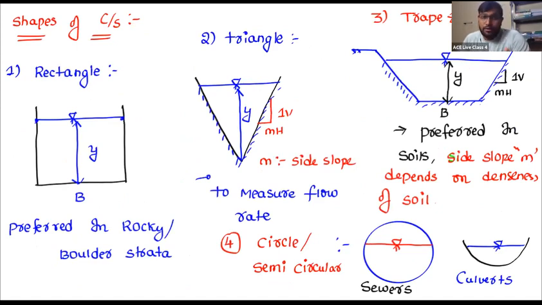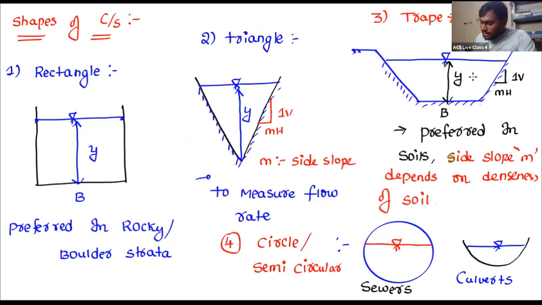So if I want to make it economical, then I have to reduce the material for the lining. Yes or no? So if the wetted perimeter is going to be less, then the cost of lining is also going to be less. Am I correct or not?